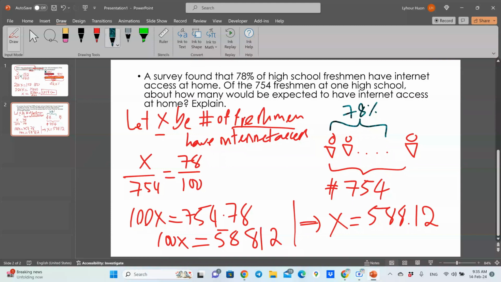So what should be the answer? 589 freshmen who have internet access at home. So when it comes to people or animals, always round it up. Okay, so this is 589 freshmen.